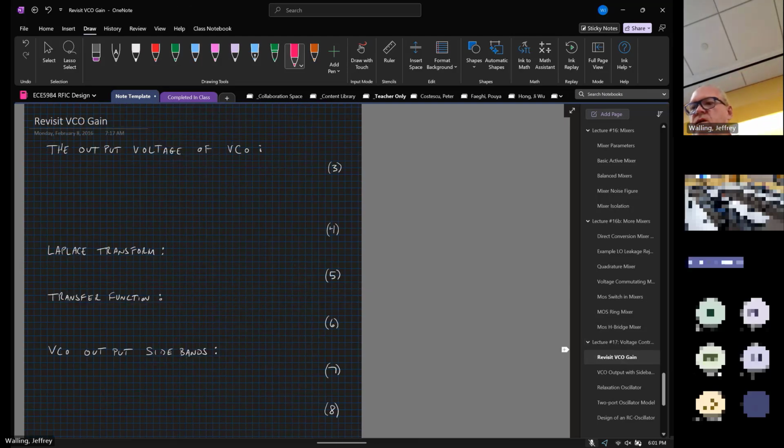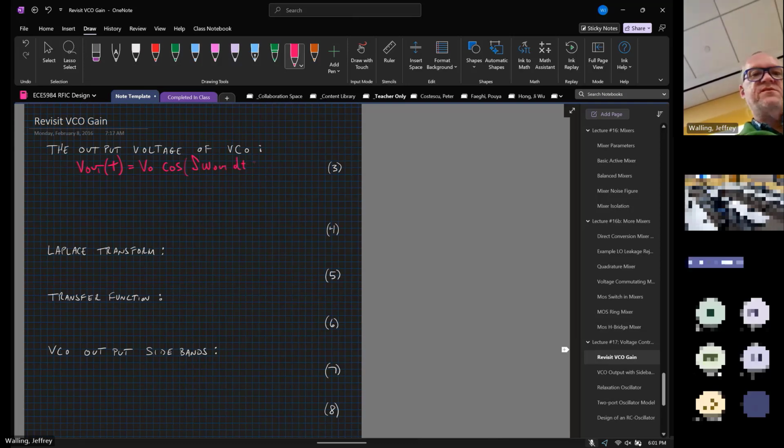All right, so we can now figure out what the output voltage of the VCO is by plugging a couple of these things together. So we can say that the output voltage of the VCO is equal to some amplitude times cosine of that instantaneous phase that we found on the prior slide, which is the integral of omega out dt plus any initial conditions, phi sub 0. And we make a few substitutions here.